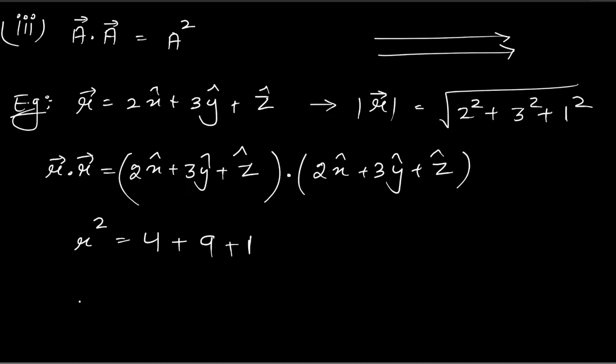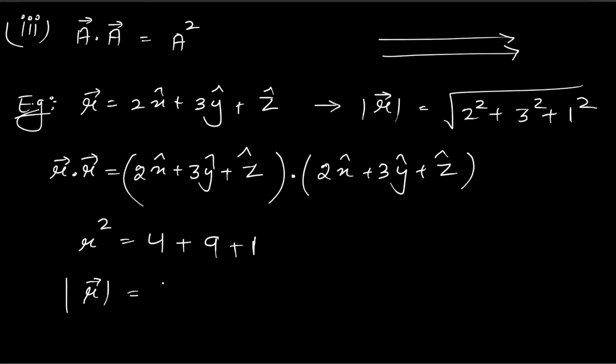Then the magnitude of the r vector is the square root of 4 plus 9 plus 1. You are getting the same result. This formula comes from taking the dot product.